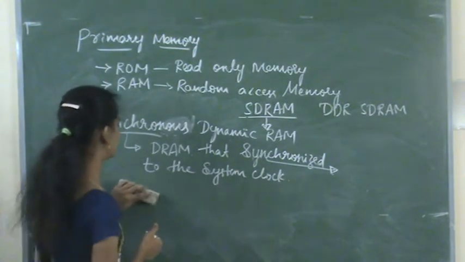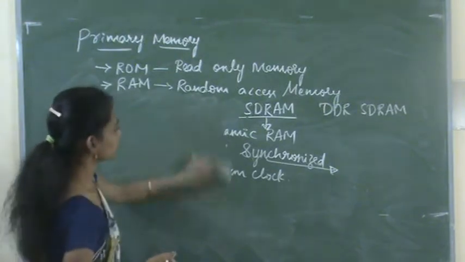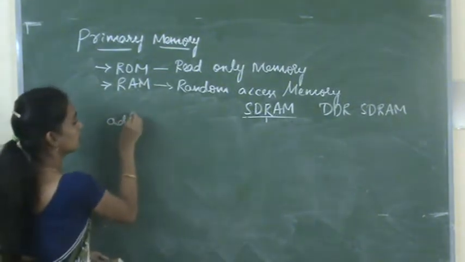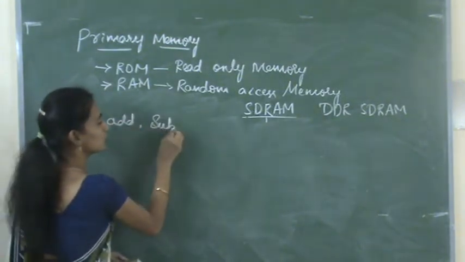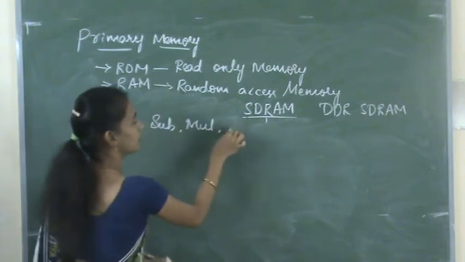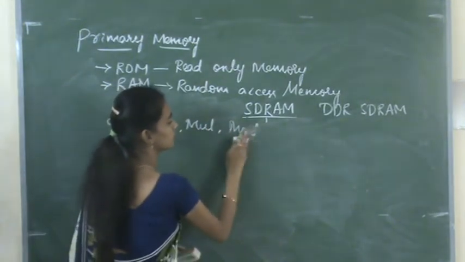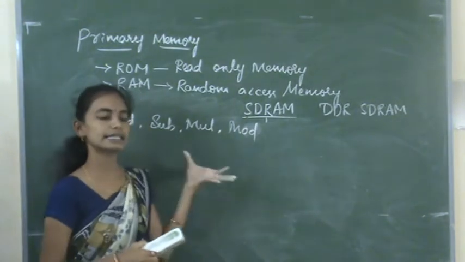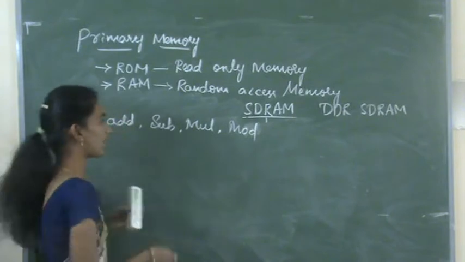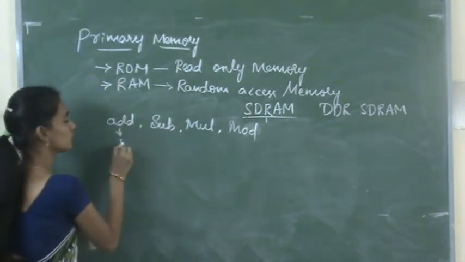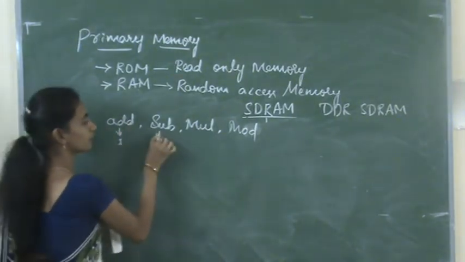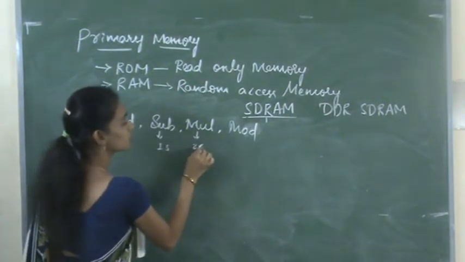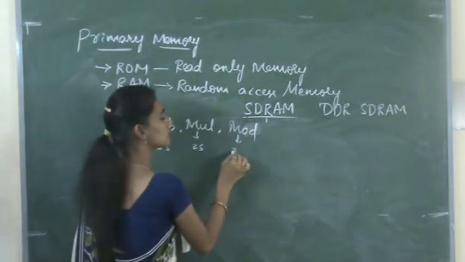Suppose we take an example. If we are performing operations like addition, subtraction, multiplication, modulus, now I synchronize these operations to the system clock: for addition 1 second, subtraction 1 second, multiplication 2 seconds, modulus 3 seconds.